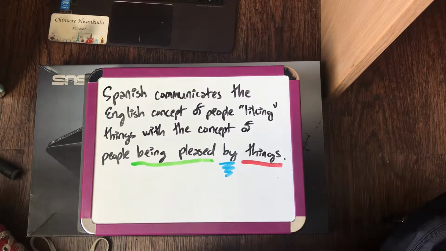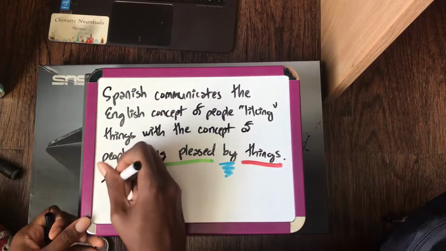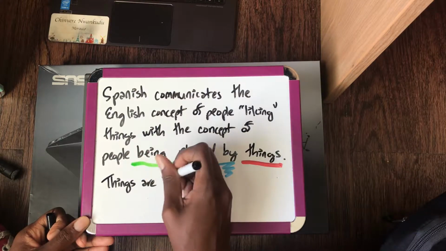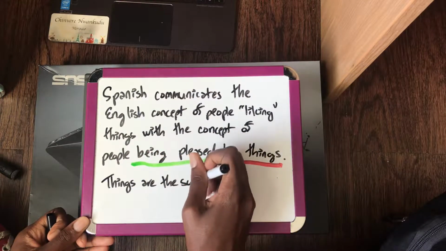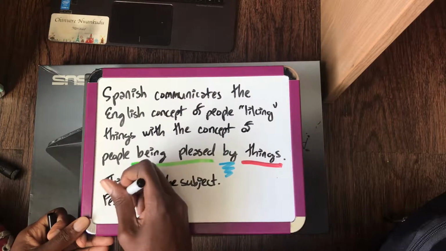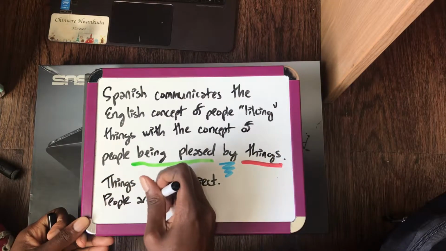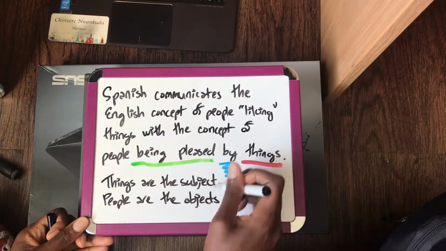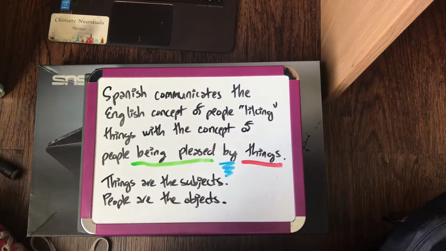Things are the active being that is pleasing the person. Okay? So things are the subject. People are the objects. Things are the subjects, people are the objects.